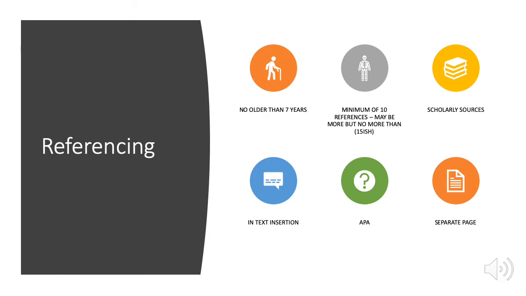Now make sure your sources are scholarly and appropriate. So if we're talking about nursing responses, don't bring in medical, or don't bring in teaching, or don't bring in prison guards. You need to be talking about nursing. It's what we're asking you. So source nursing sources predominantly.